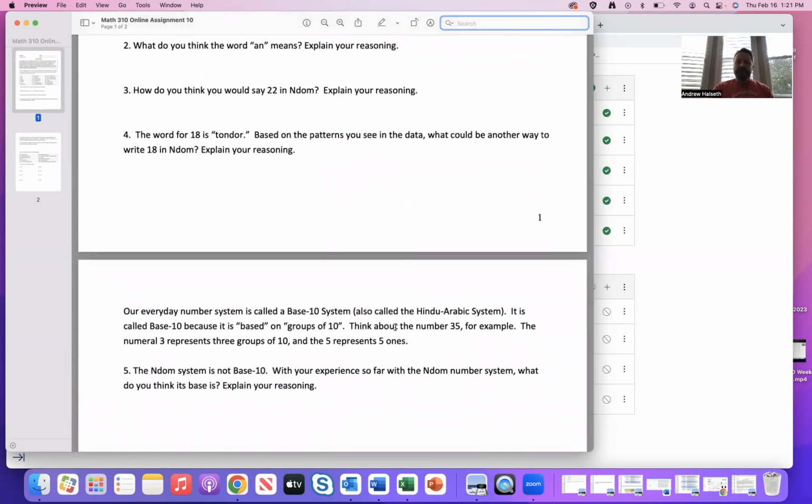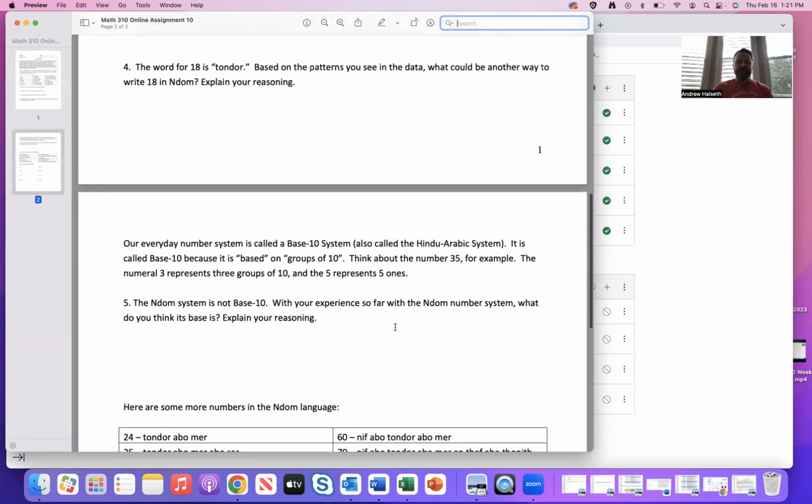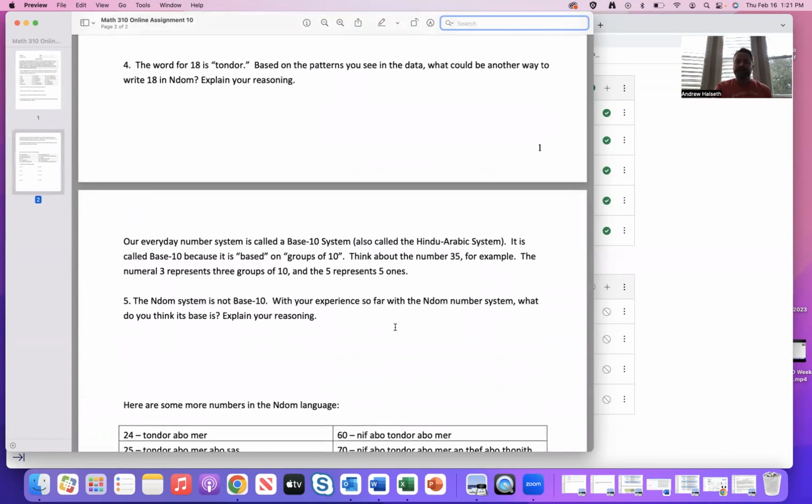What we're getting at here with this introduction is looking at our number system, and our number system is called base 10. And it's called that because it's based on groups of 10, right? So if you think about the number 35, for example, that 3 has a positional value, right? That 3 actually represents 3 groups of 10, right?